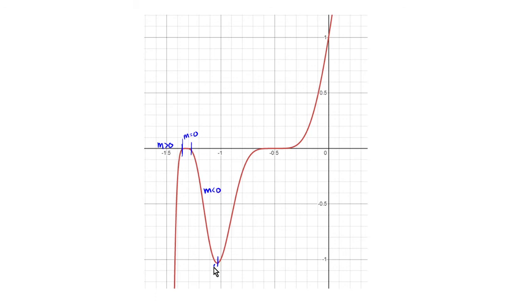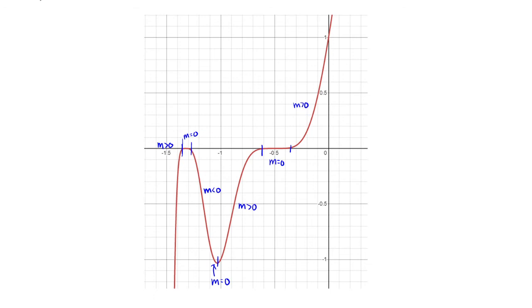At the vertex, our slope is 0. To the right of the vertex up to this x-intercept here, our slope is positive. Then our slope equals 0. And on the far right-hand side, the slope is positive.